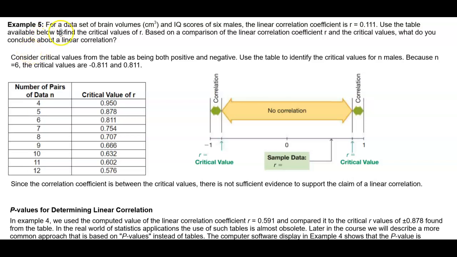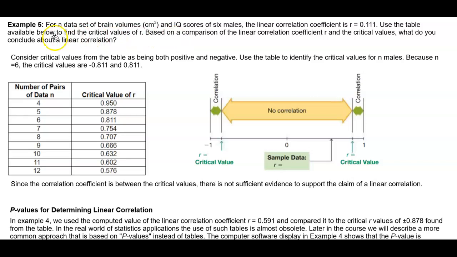Example 5. For a data set of brain volumes in cubic centimeters and IQ scores of 6 males, the linear correlation coefficient is R, which is equal to 0.111.